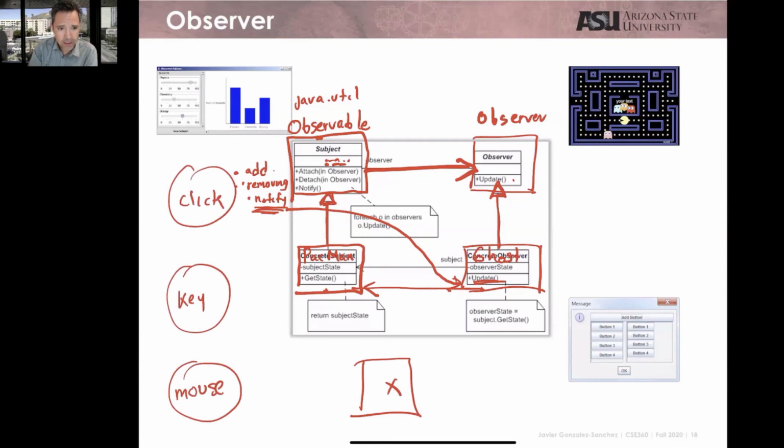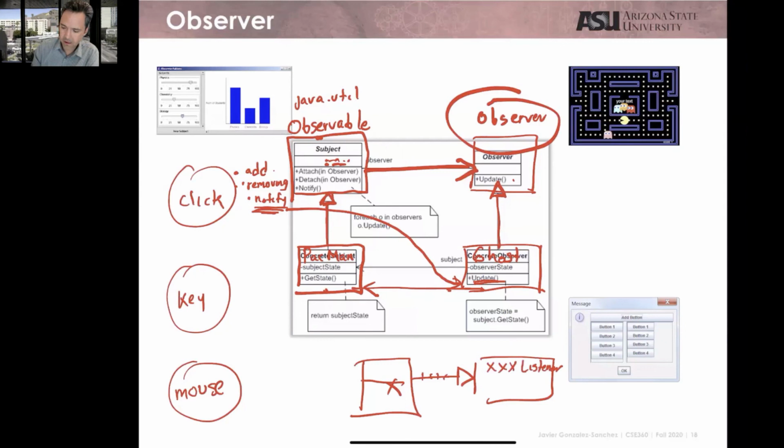What you do is your class implements, inheritance, from a particular class, something listener, observer, listener. And what do you need to do inside of the class?